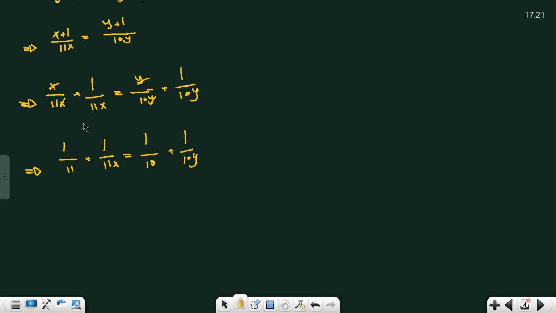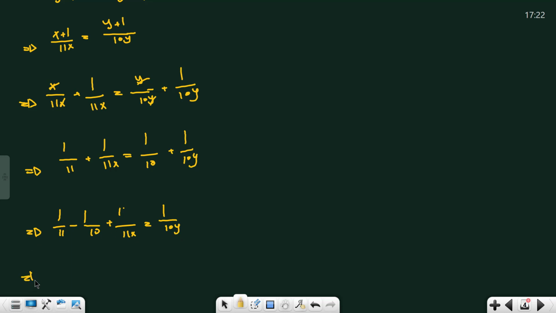Now take 1 on 10y to the other side. So it's going to be 1 on 11 minus 1 on 10 plus 1 on 11x equals 1 on 10y.